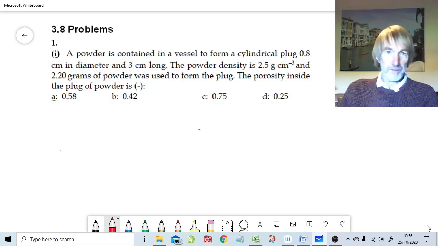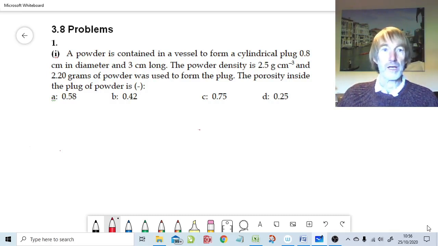Okay, so a powder is contained in a vessel to form a cylindrical plug 0.8 centimeters in diameter and 3 centimeters long. Well, of course, the logical thing to do first is to draw a diagram, and it doesn't have to be a great diagram, it won't be, but it's something that enables us to conceptualize what's going on.